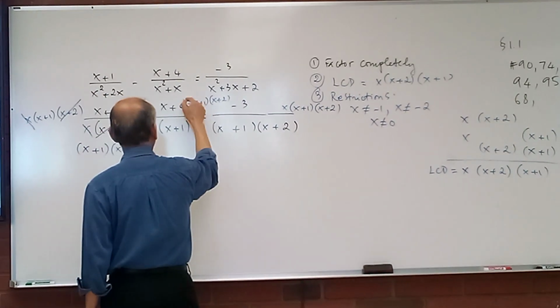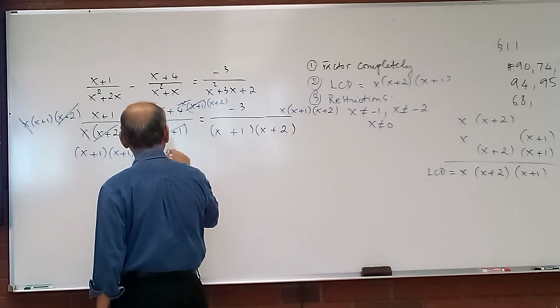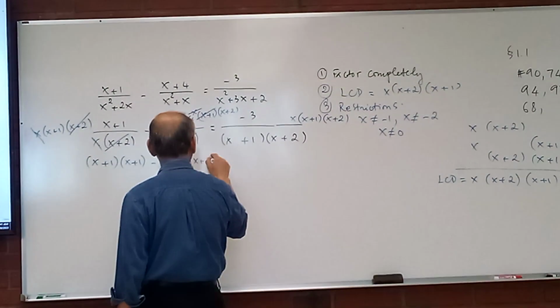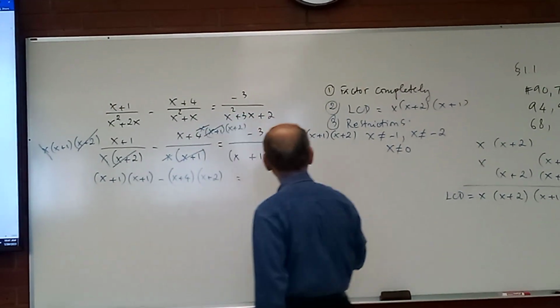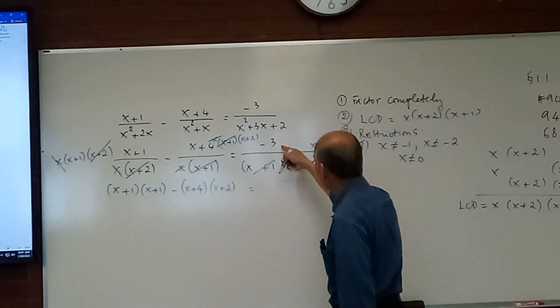Minus, this x cancels out, this x cancels out, so we end up with x plus 4 times x plus 2. Equal to, x plus 1 cancels out, x plus 2 cancels out, so we have negative 3x.